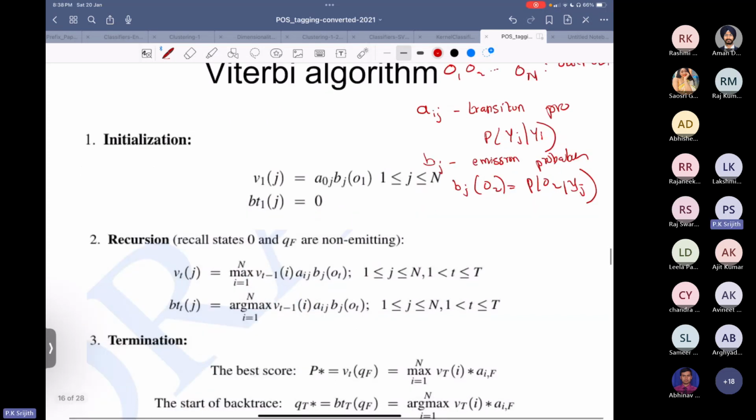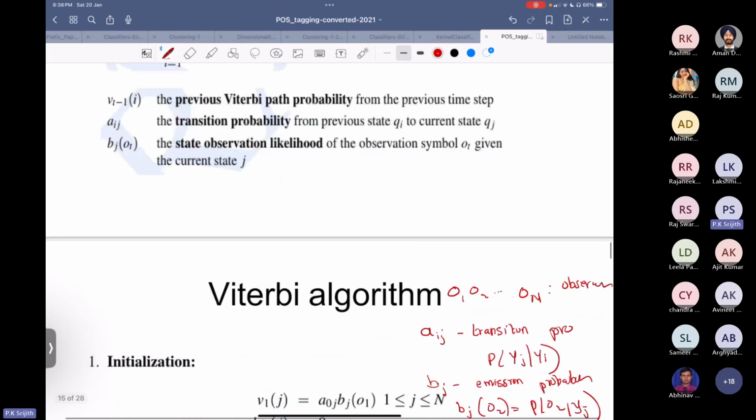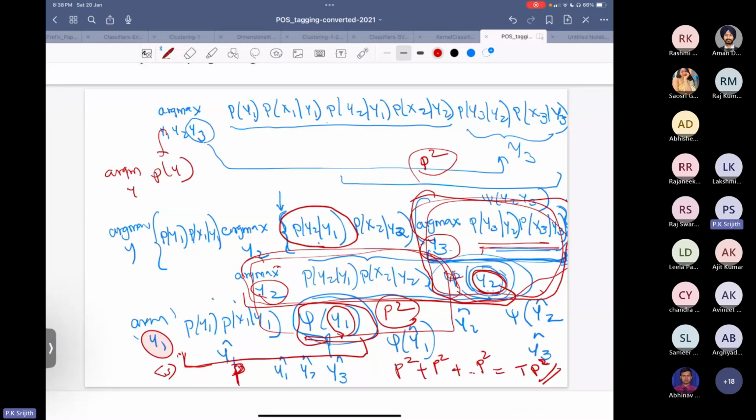So the idea is similar to what we have discussed. In what I have discussed, I started from the last, performing an argmax over y3 first, and then moving on to performing an argmax over y2 and then over y1, etc. But in the algorithm, they are doing it over y1 first.